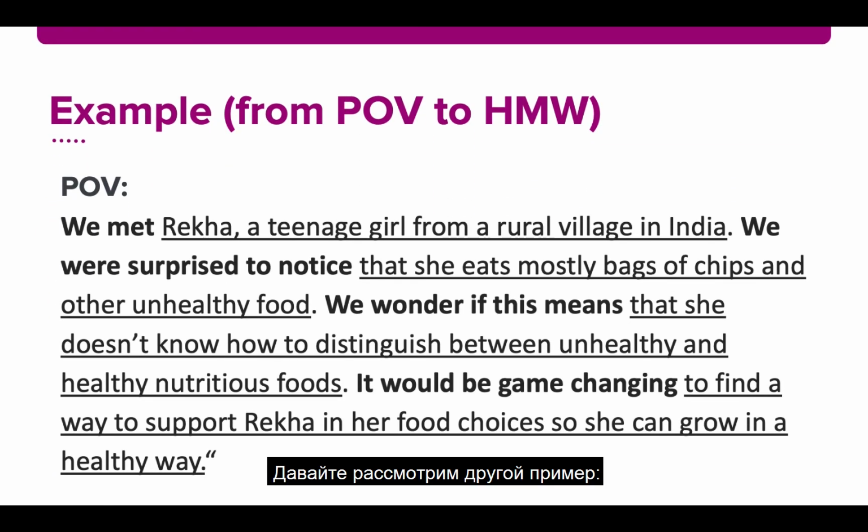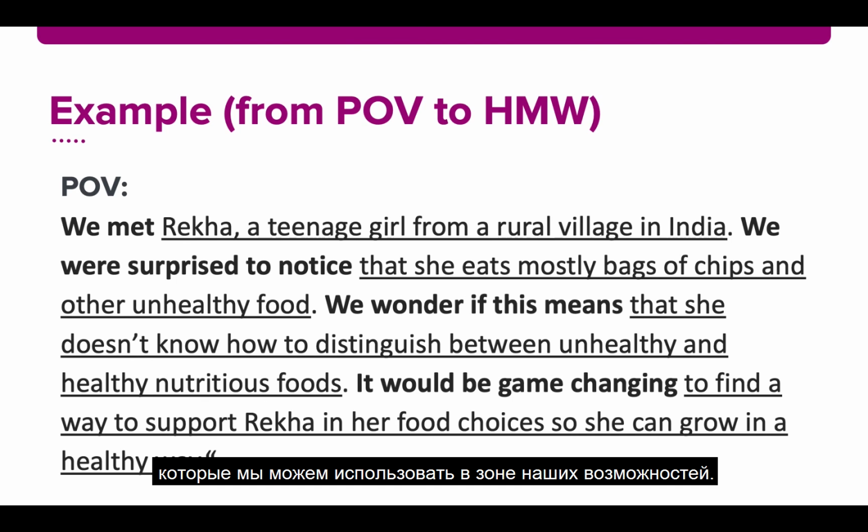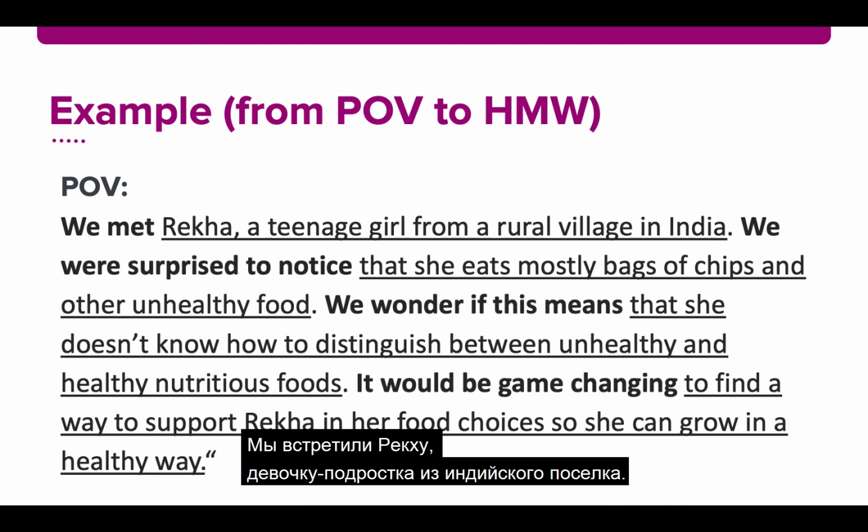Let's look at another example from point of view to how might we questions, and then we'll see a number of variations we can create within our opportunity area. So in this point of view, we met Rekha, a teenage girl from a rural village in India.